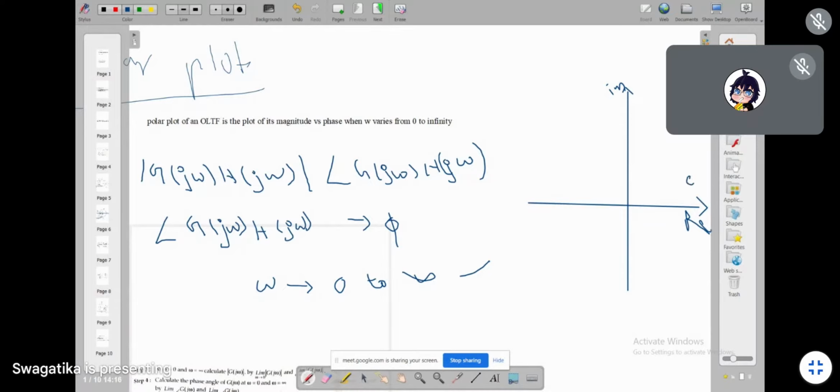Then in the anti-clockwise direction, you will find the positive angles: 0 degree, 90 degree, 180 degree, then 270, then 360.